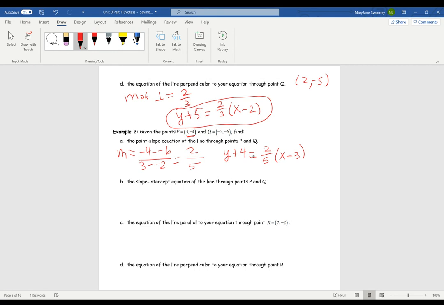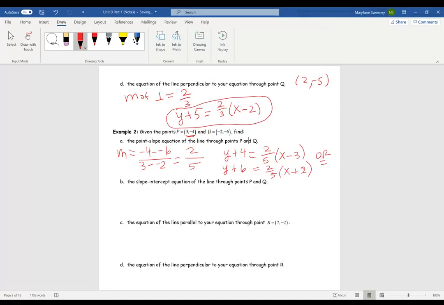Somebody else might say, no, I'm going to use the other point. So you have to pick one point to use, and you could have either as your answer. You pick one point and you use that x and y. You can't use an x from one point and a y from another. So you have to use the same point.